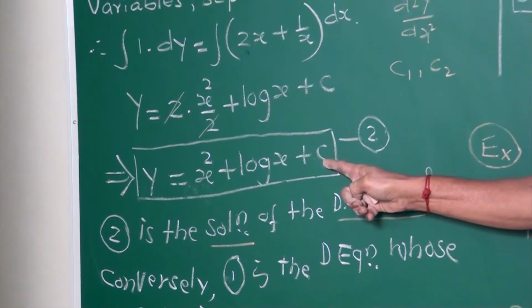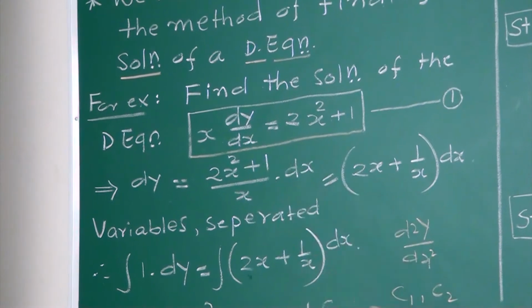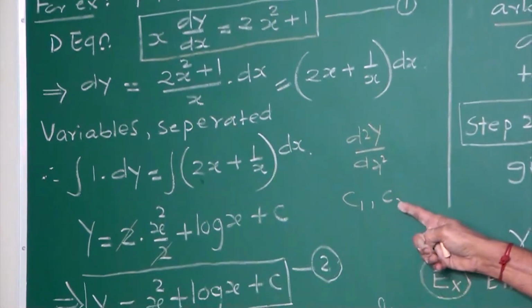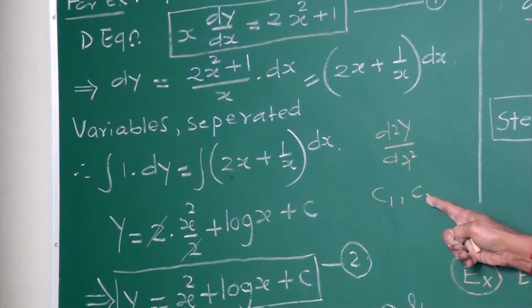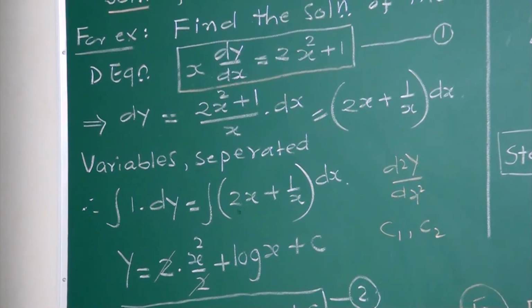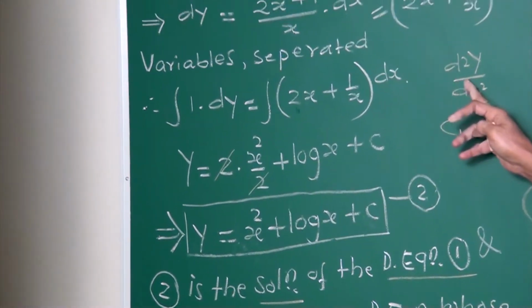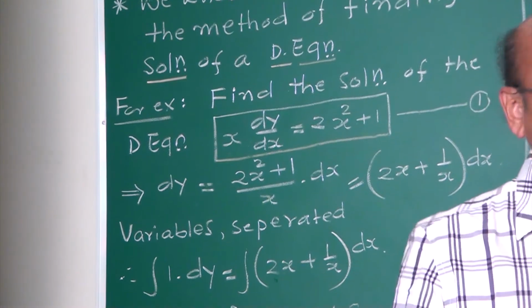If the solution contains one arbitrary constant, differentiate once. If it contains two arbitrary constants, what is the order of the derivative? 2. To get d2y by dx2, you have to differentiate this y. This is for the first time, this is for the second time. The same thing, my friends, I have written here.